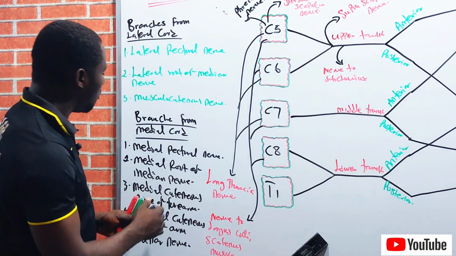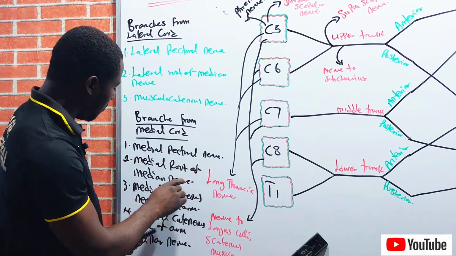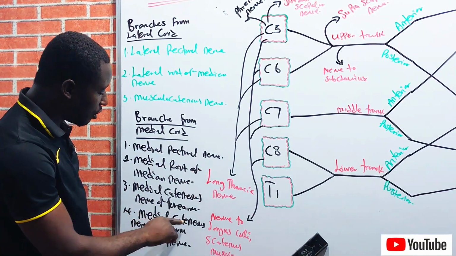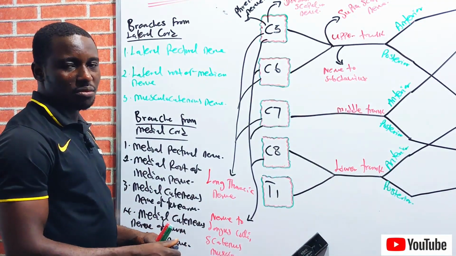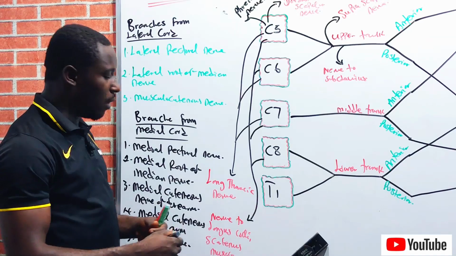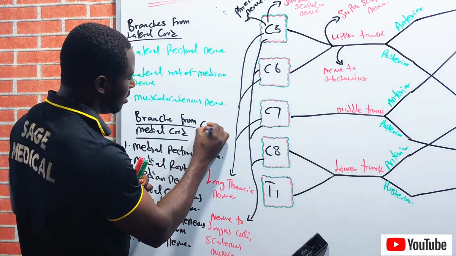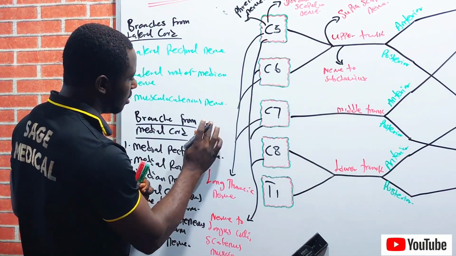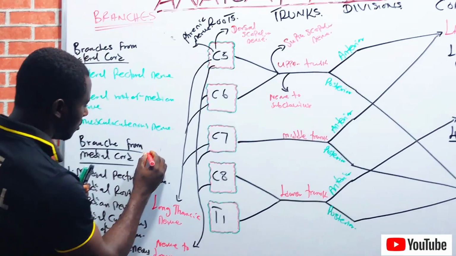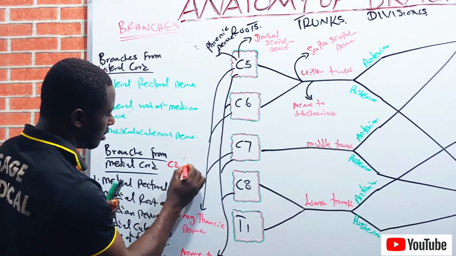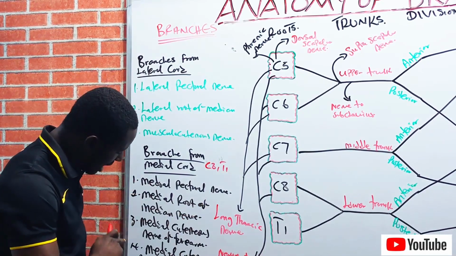The root value of the medial pectoral nerve, the medial root, and the medial cutaneous nerves of the forearm and arm is C8 and T1. C8 and T1 is the root value from number 1 to number 4.